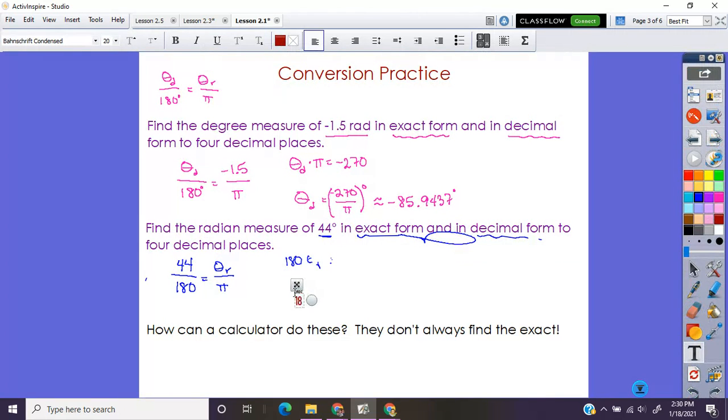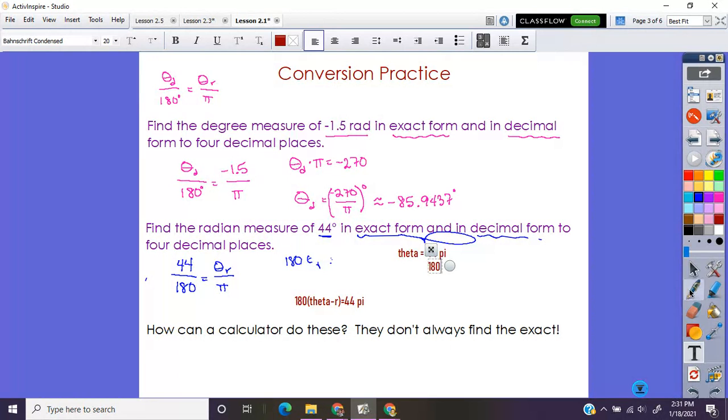So 180 times theta r equals 44 times pi. Then I would divide by the 180 to get that theta. So my theta is going to equal 44 pi over 180.